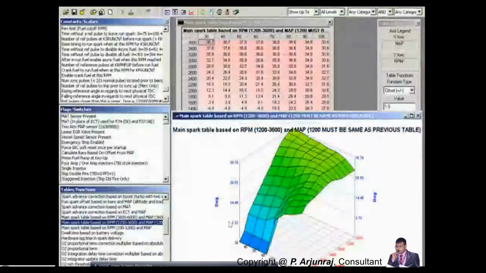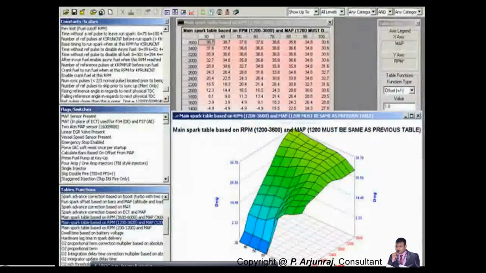So again, as I said, get the mapping with respect to the tools. There are different tools used by different companies. For example, Delphi uses this tool, and Bosch prescribes INCA, ATLAS, whatever has been said.